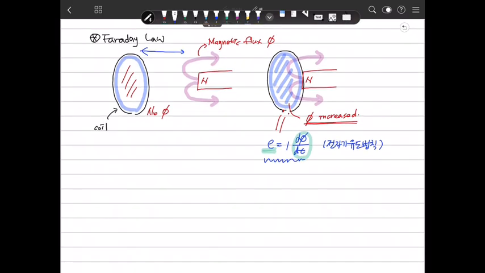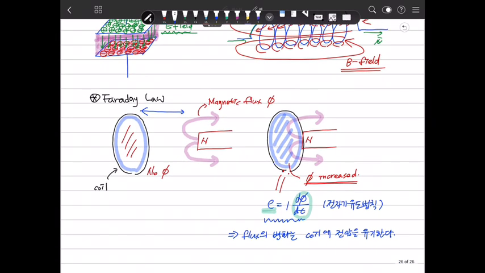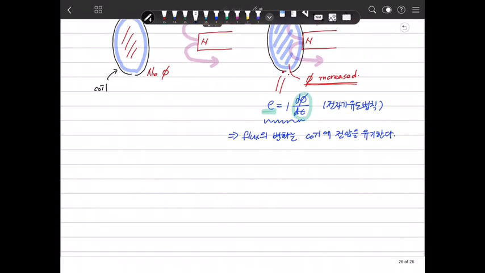So this is the Faraday law, and if there are many turns, first 1, 2, 3, in this way, maybe n turns.